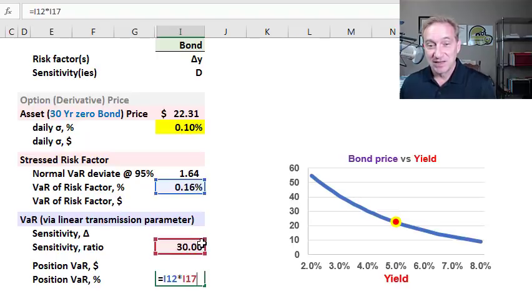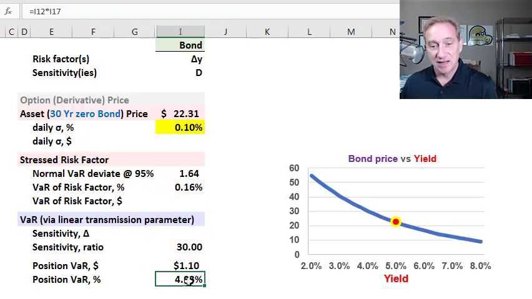So conveniently, this is the unique special case where my modified duration equals my maturity in that zero coupon bond when the yield is with continuous compounding. So the 16 basis points can be multiplied by 30, and I get the position VaR in percentage terms. In other words, the worst expected change to my bond price in percentage terms is 4.93%.